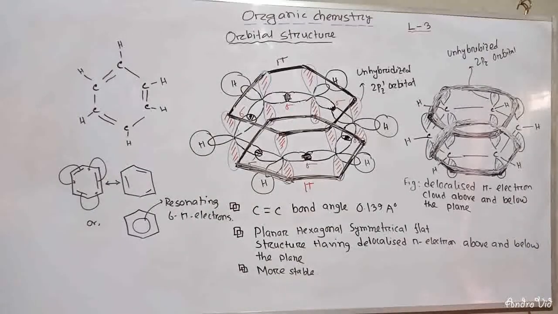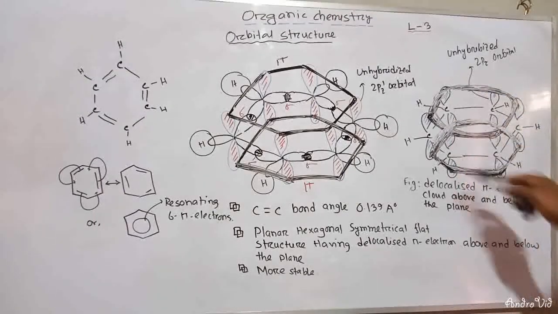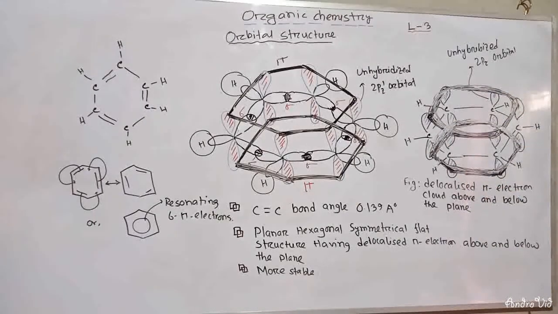So you can say that the structure of benzene is basically a hexagonal planar structure having pi bonding orbitals above and below the planar hexagonal structure. The pi bonding electron cloud should be present above and below the planar hexagonal structure.